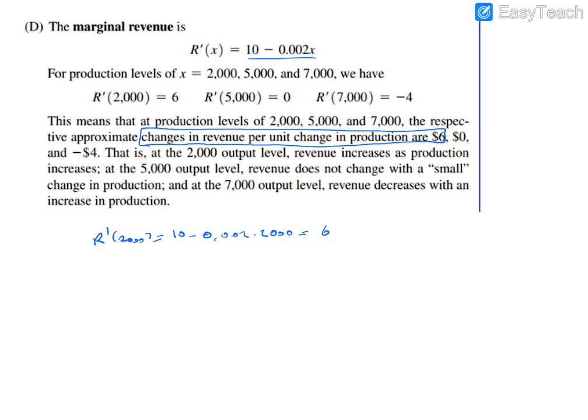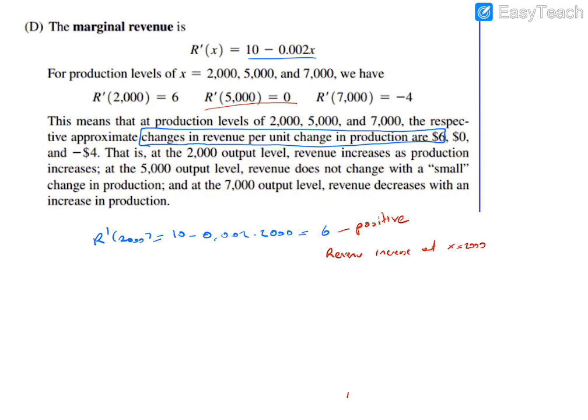Since 6 is positive, revenue increases at the production level x equals 2000. Here the marginal revenue is 0, so there is no change.